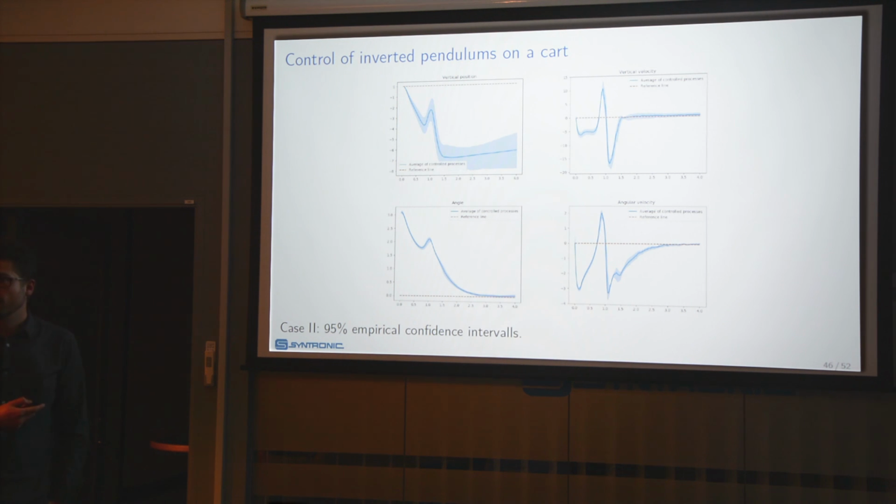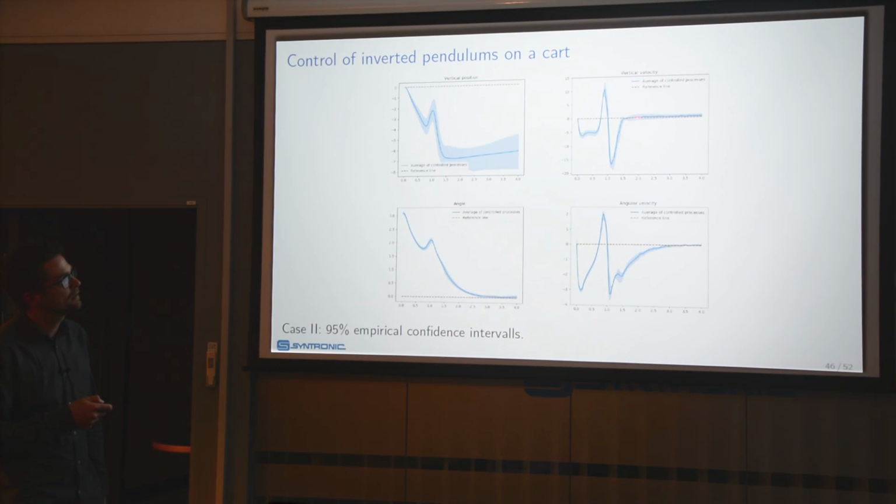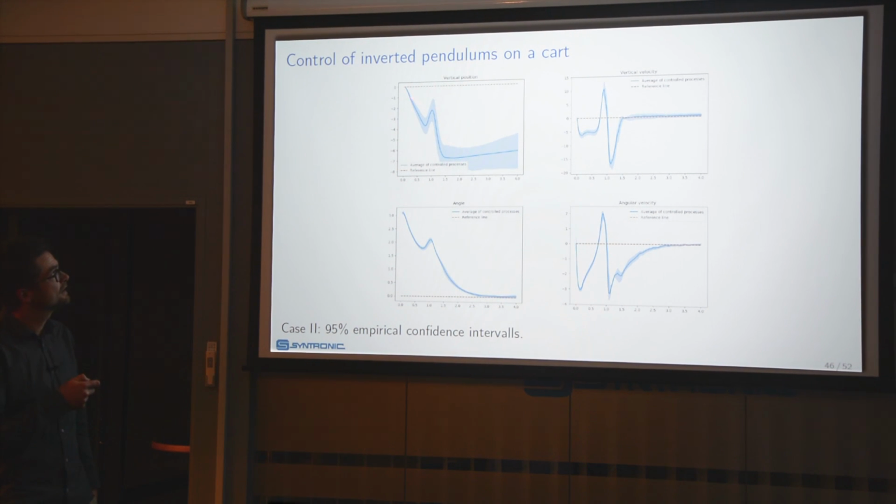This is the one with large running cost and no terminal cost. So it's quite clear that it stabilizes earlier, and then it's stable. It's at a quite early stage. It is almost at the equilibrium, but it seems like the cost for punishing the vertical position is very low.